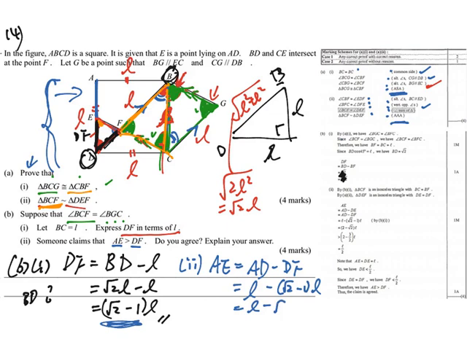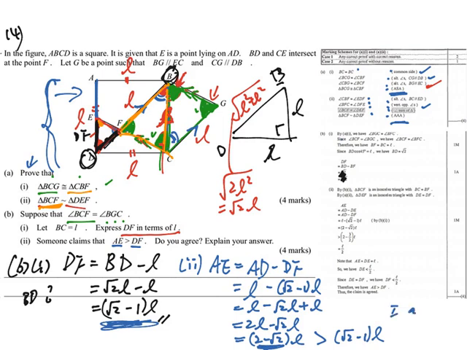So negative root 2 L plus L. So it's 2L minus root 2 L. So it is equal to 2 minus root 2, L. So for this one, you can use a calculator to find this one, and then it is greater than this one. You can check by using a calculator. So finally, you can say, I agree.